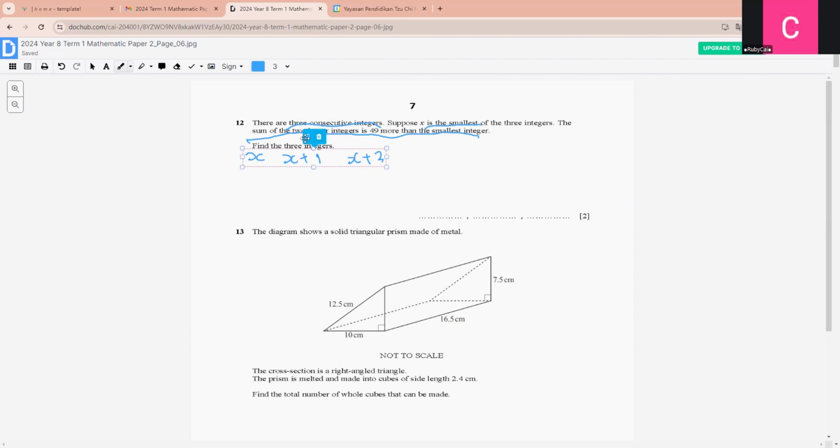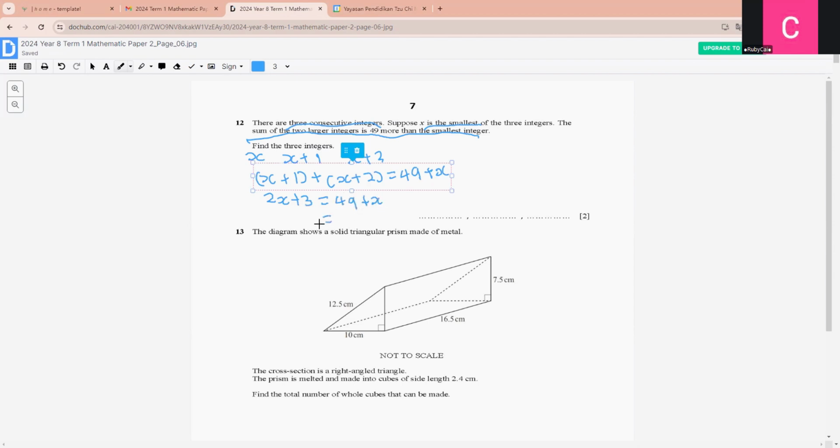So in order to find what x is, we can use what we already know, which is the second integer plus the third integer equals 49 more than the first integer. And we can simplify this into 2x plus 3 equals 49 plus x.